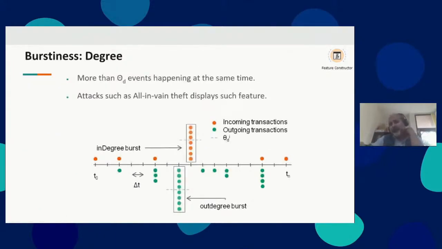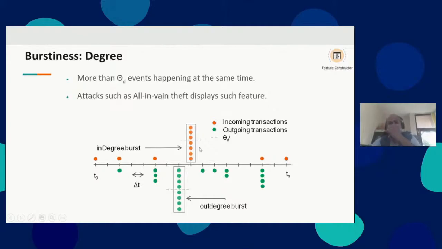As I said, regarding the burstiness of degrees, it seems from our data that incoming and outgoing transactions tend to be very high in number in a certain block or in two consecutive blocks for certain types of malicious activities.